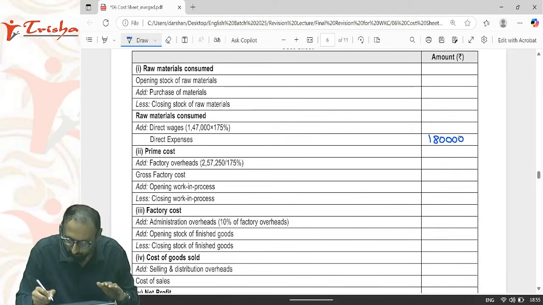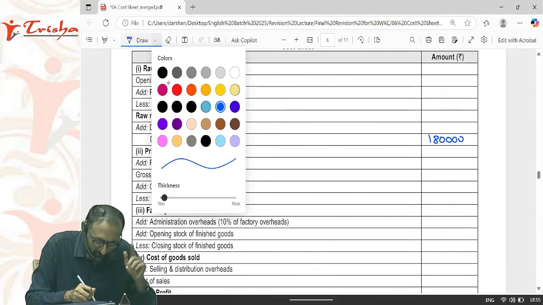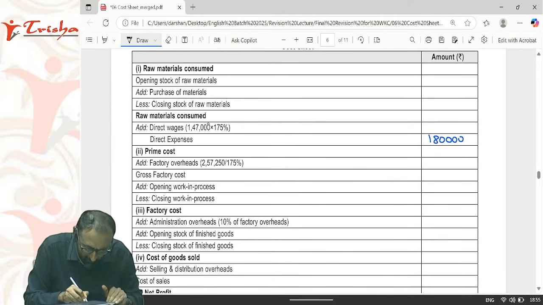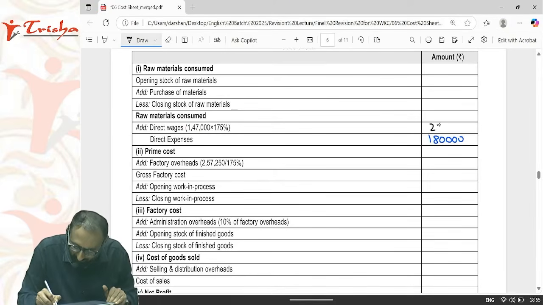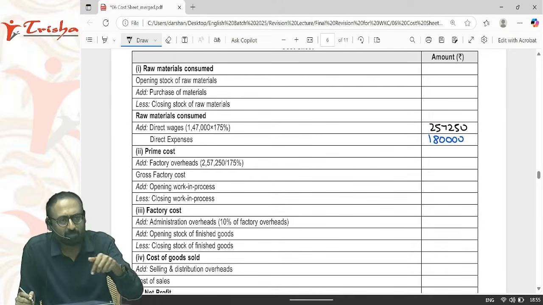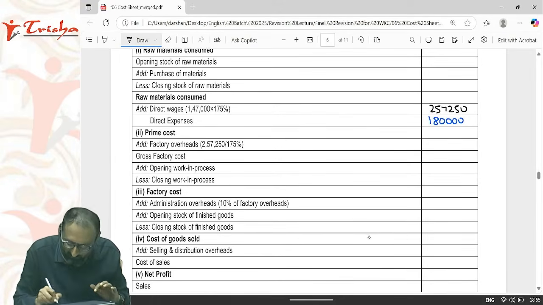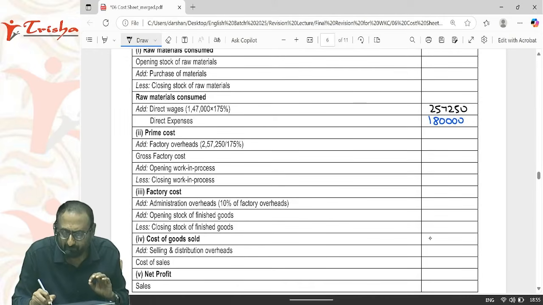Tell me the next item. Direct wages 2,57,250. Written. Next item: COGS is given. How much is your COGS? 18,75,000 is your COGS.